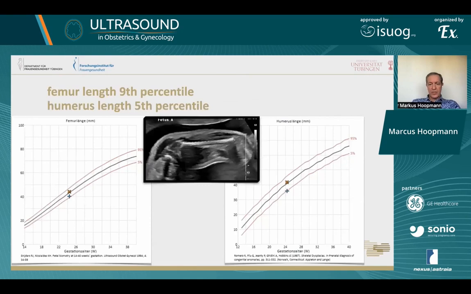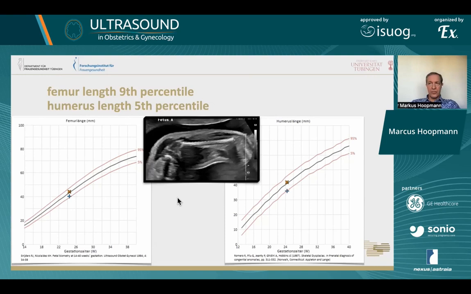And then you measure the extremities, and you see that the femur length is on the 9th percentile and the humerus length at the 5th percentile. You see as reference the other twin. So now you already have the suspicion that this is trisomy 21, which could be confirmed.